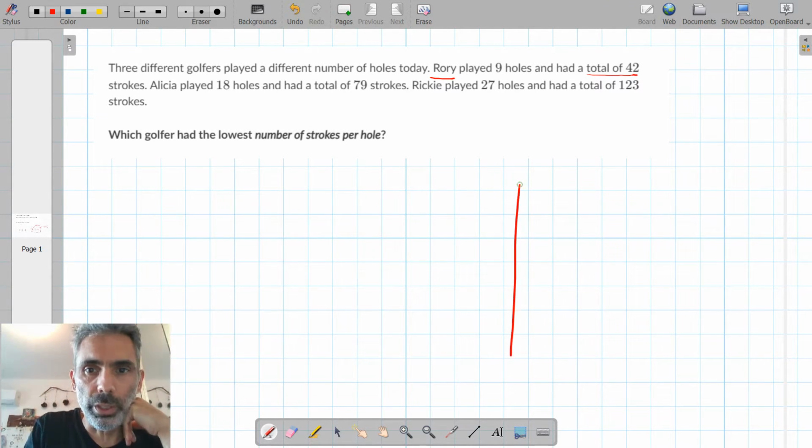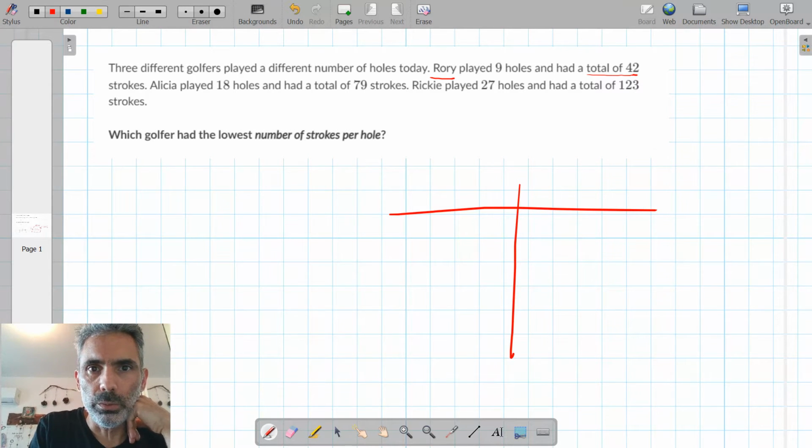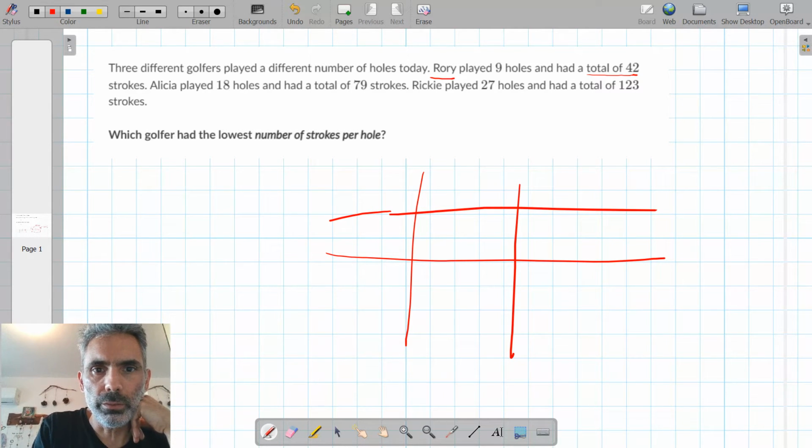So let's see. So Rory, this is the number of holes. This is the number of strokes.